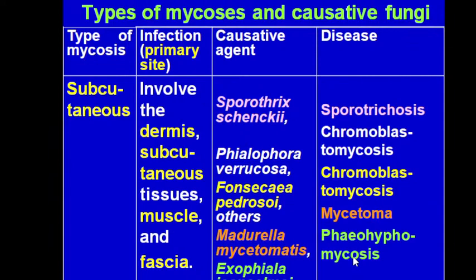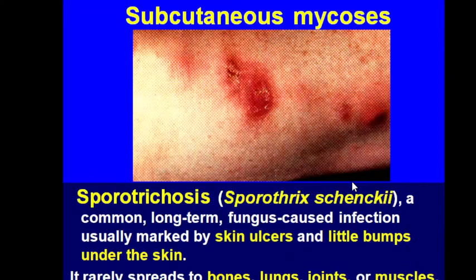And the infection may progress to muscles, subcutaneous tissues, and even fascia can be affected by these fungi. And you can see here the names of causative agents. Sporothrix is maybe the very common one, and Madurella mycetomatis. This is very common in India and is almost endemic for India, causing mycetoma, and some others. These are quite severe diseases.